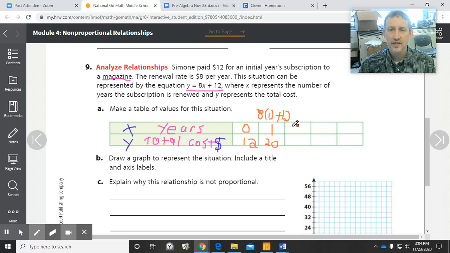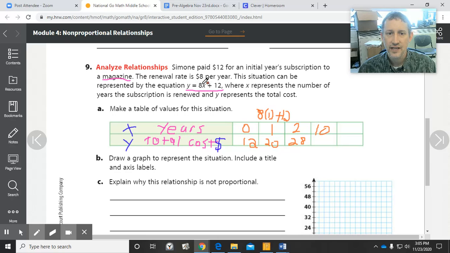Okay. Well, after 2 years, that's going to be 16. 8 times 2 is 16, plus 12 gives you 28. Notice it hops up by 8 each time. Well, let's say I just want to see what it's going to cost after 10 years.